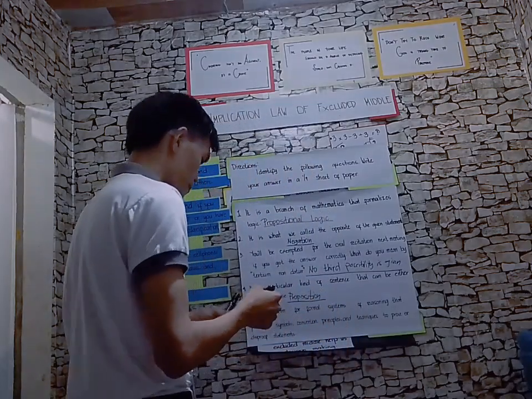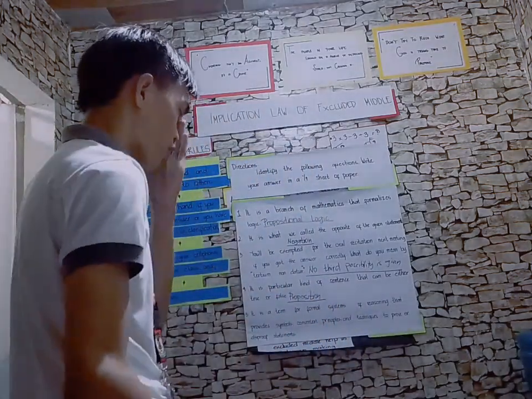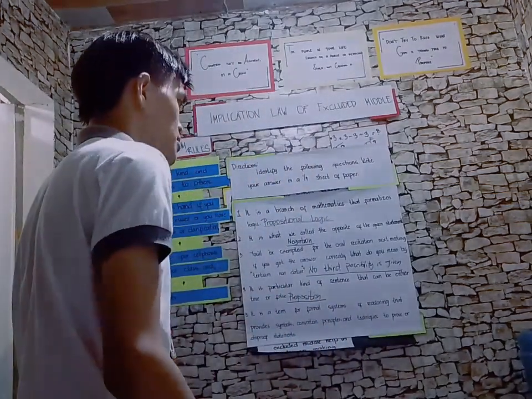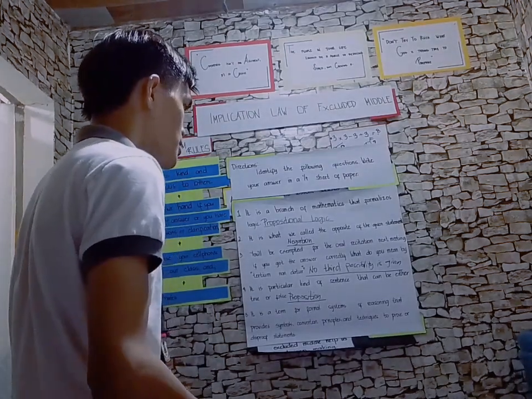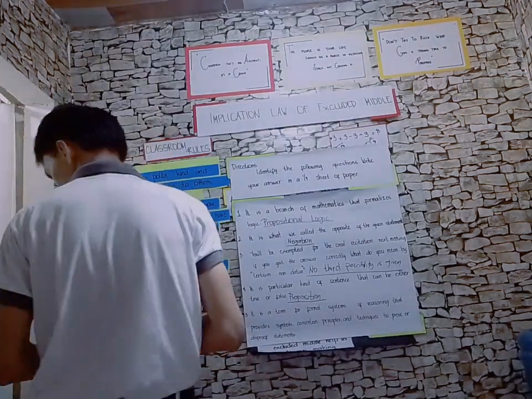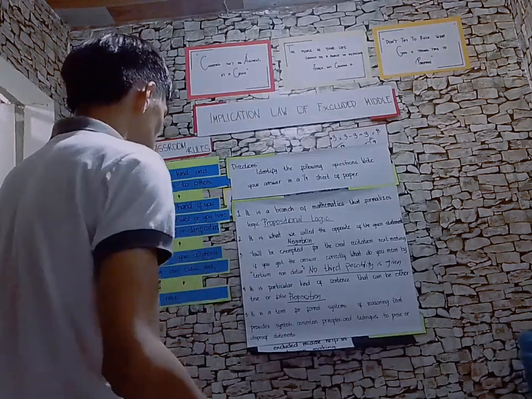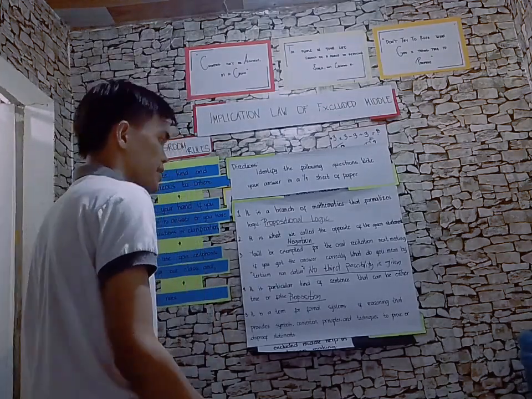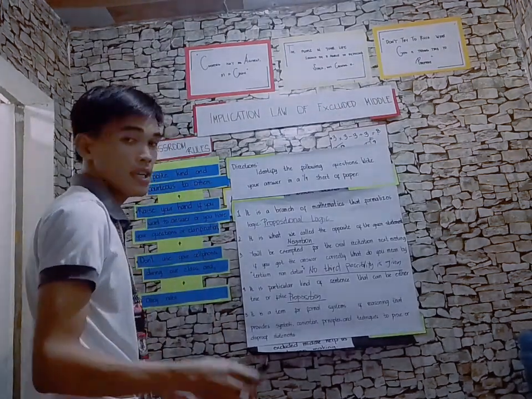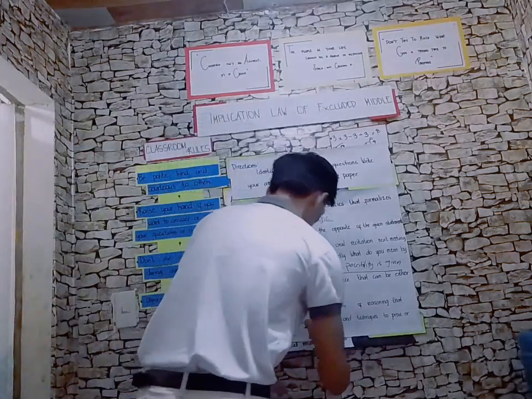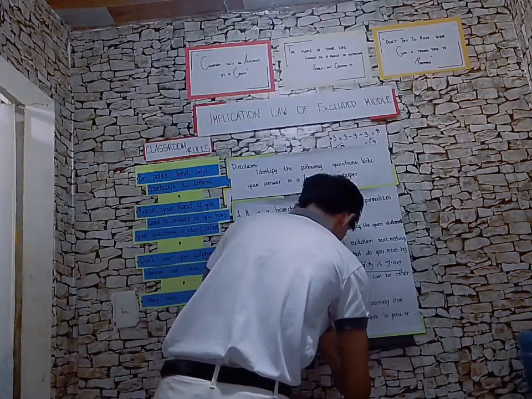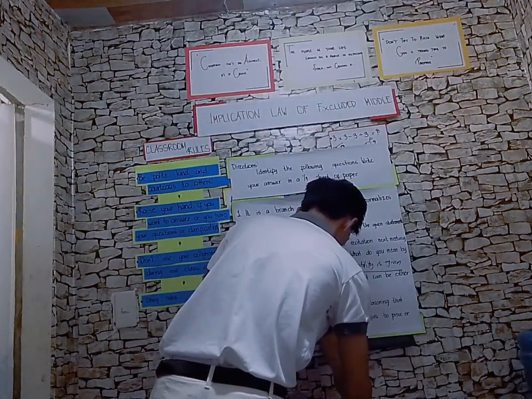And the last one is, it is a term for formal systems of reasoning that provide symbols, conventions, principles, and techniques to prove or disprove statements. The answer is very good. It's logic.